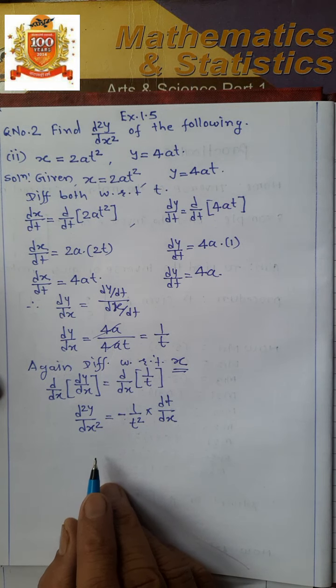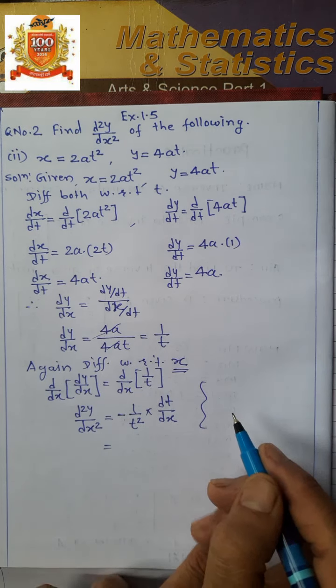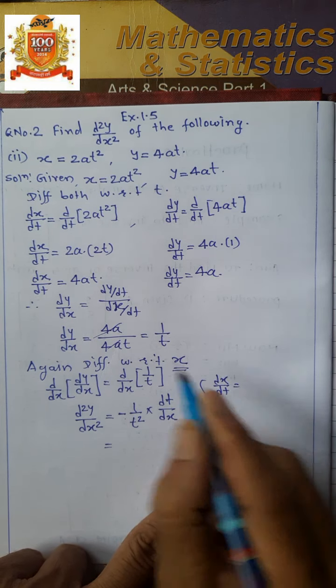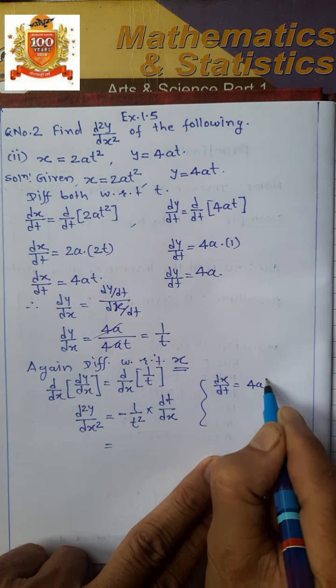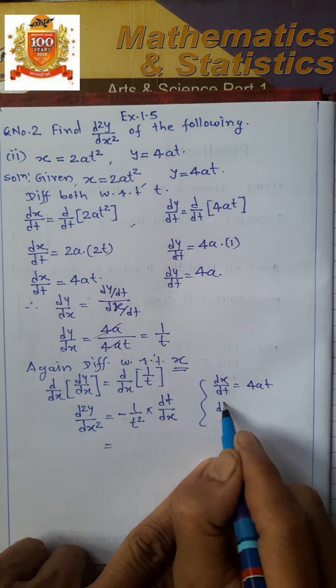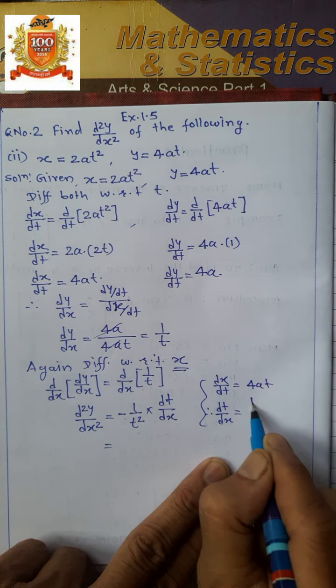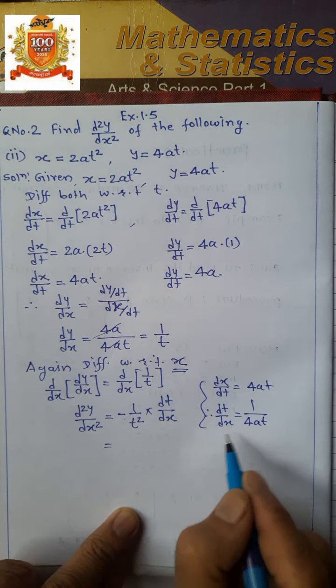Now put the value of dt by dx. Since dx by dt is equal to 4at, therefore dt by dx is equal to 1 upon 4at. Put this value here.